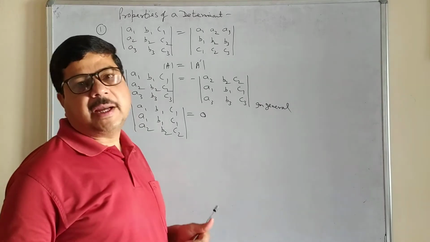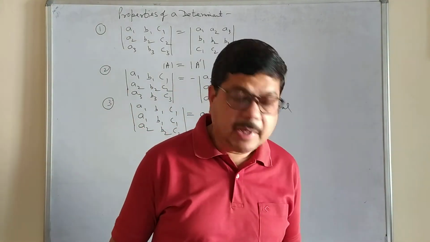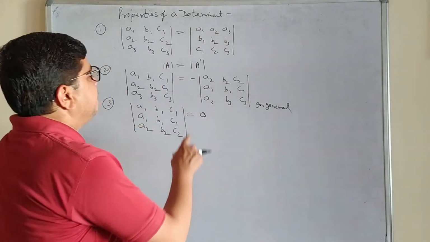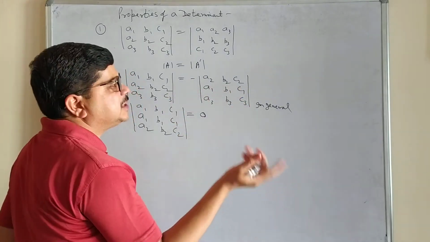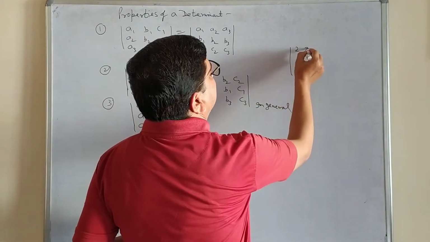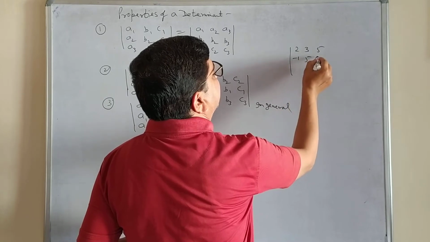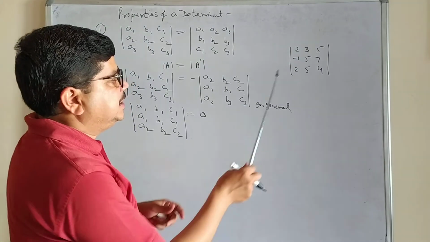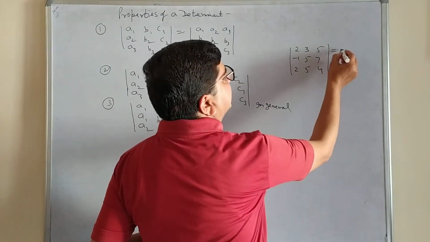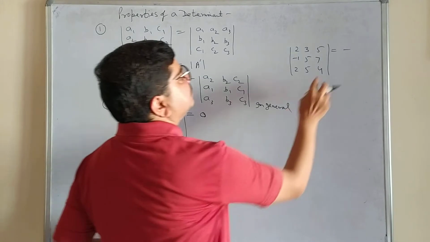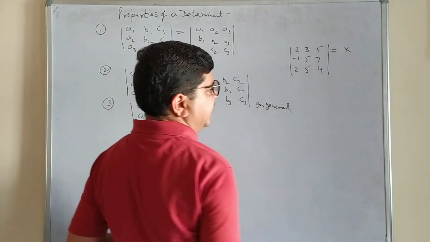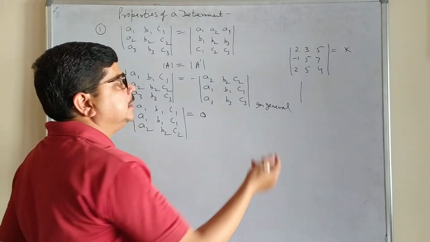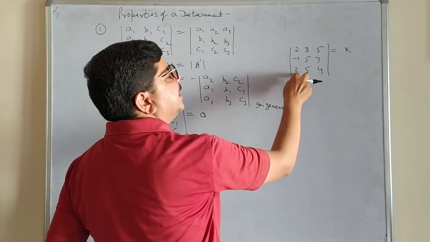होगा क्या इससे, आपकी जो फर्स्ट एक्सरसाइज है इन विच यू आर इवेल्युएटिंग द वैल्यू ऑफ डिटर्मिनेंट, एक तो उसके क्वेश्चंस की भी प्रैक्टिस हो जाएगी। जैसे ये, फॉर दिस क्वेश्चन आई एम जस्ट टेलिंग यू like 2, 3, 5, -1, 4, 5, 7, 2, 5, 4, like this, any value. So you take this determinant, evaluate this, you are getting certain value. Suppose you are getting the value k. Then interchange any 2 rows or columns. Suppose you interchange first row and third row.